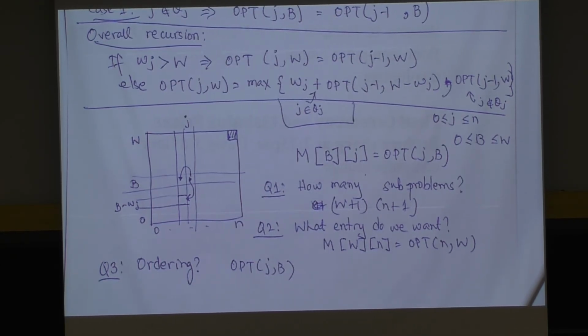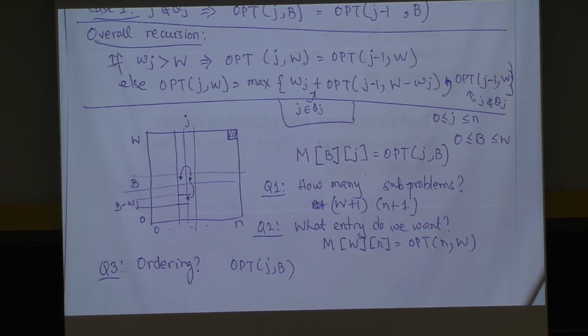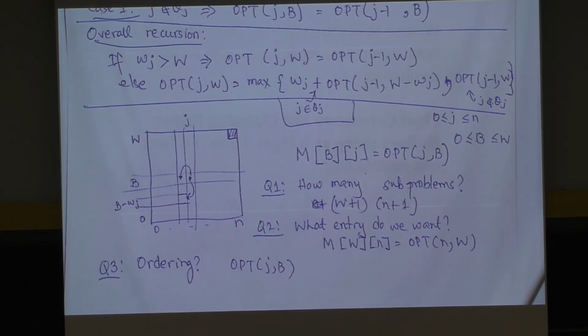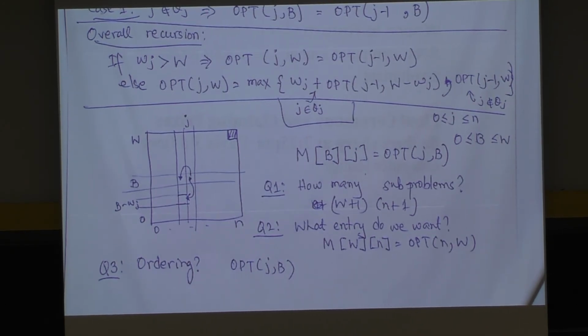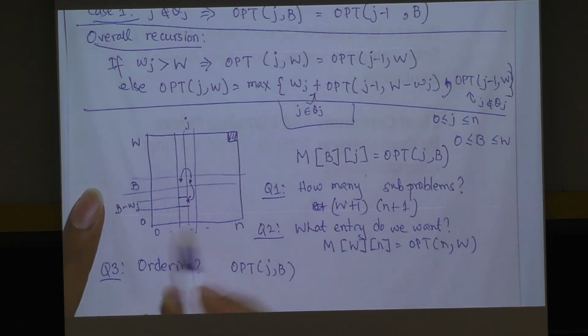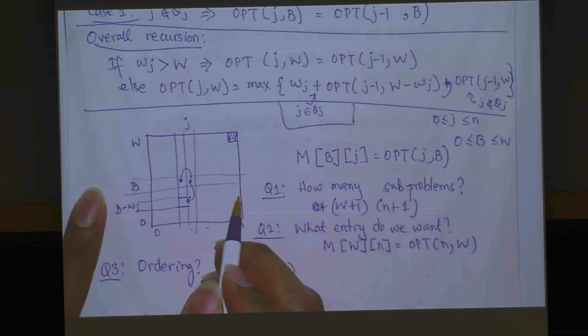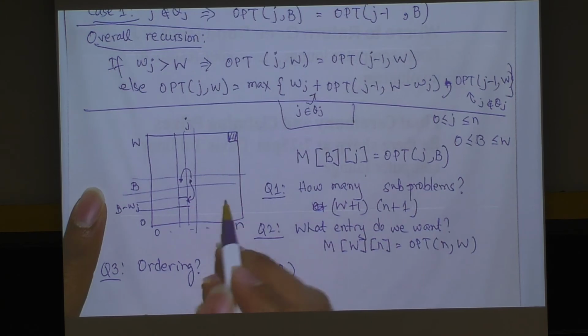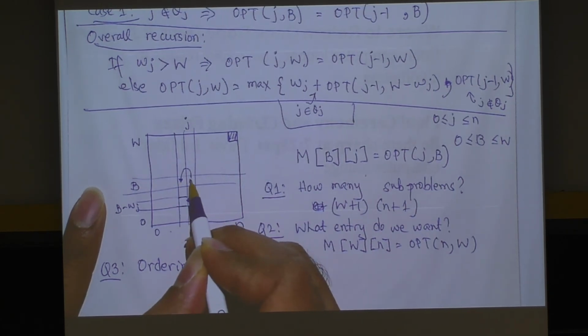Any guesses, thoughts? Would going row by row work? So what I'm saying is, what if I compute this row first, and then this row, and this row, and so forth? Would that work? No. It won't work because you won't know this value when you want to compute this value.